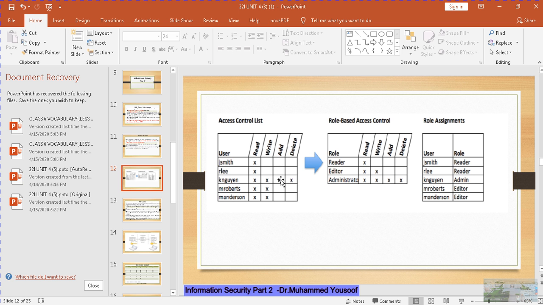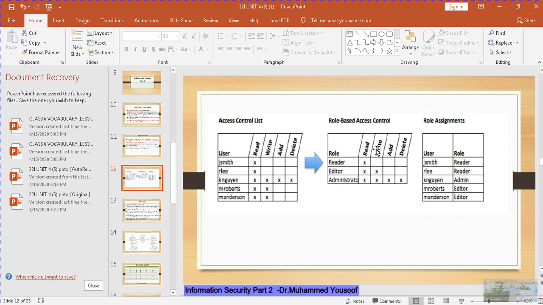To add new information, only Kennegan has the right, and to delete also only Kennegan has the right. That means Kennegan has all 4: he can read, he can write, he can add, and he can delete. Whereas these two people have rights to read only, and these two people have two things, they can read and they can also write.